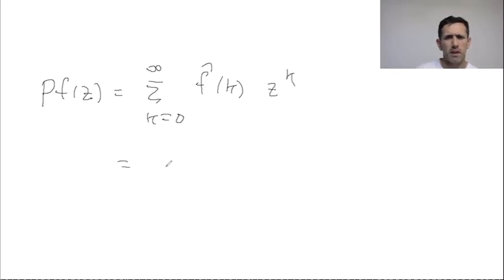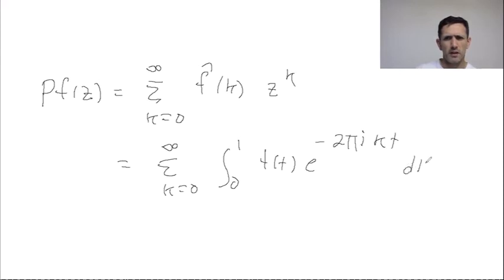You simply write Pf of z as the sum, just the definition, of f hat of k, z to the k. So it's the integral from 0 to 1, f of t, e to the minus 2 pi i k t dt.